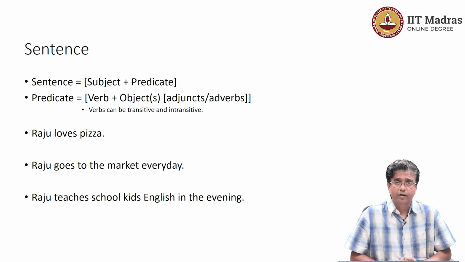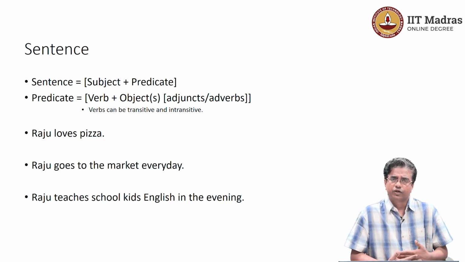There are several other parts of a sentence like tense and agreement, which we understand a bit, and we will look at those elements separately, but at this point we only need to talk about predicates. So what are the elements within a predicate?